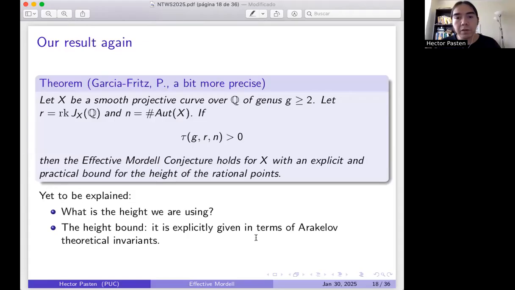And there is going to be an explicit and practical bound for the height of the rational points. I still have to explain what it means. So what is the height that we're going to use? And what is this mysterious height bound? Well, it turns out that it is given in terms of Arakelov theoretic invariants. I'm going to get to that point.